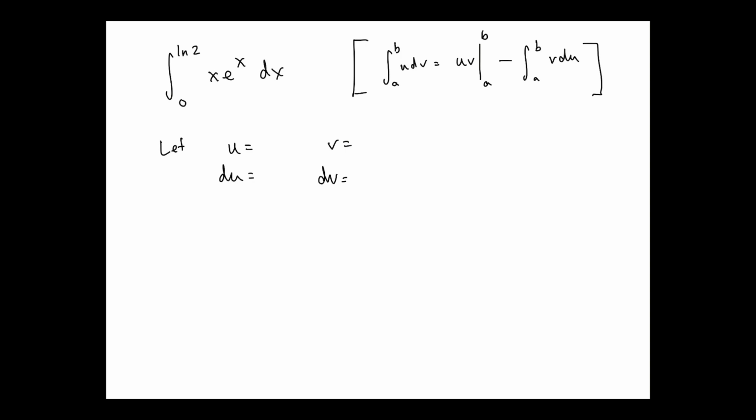Dx, okay? So it's going to be something dx. I'll just leave some space there. So let's sort of think about this and use some strategery, to borrow a turn of phrase from President Bush. If I made dv x dx, what would v become?